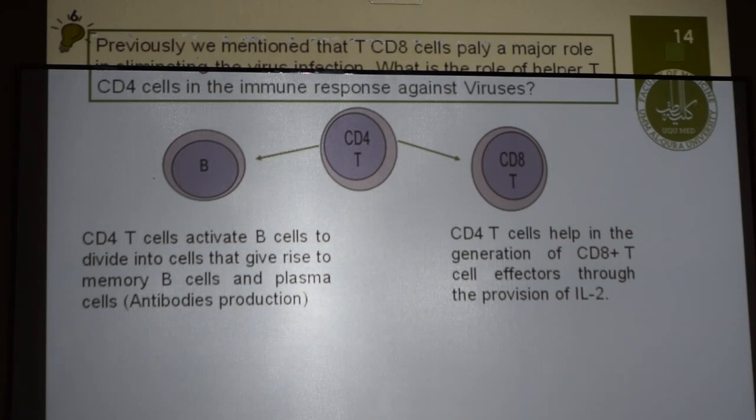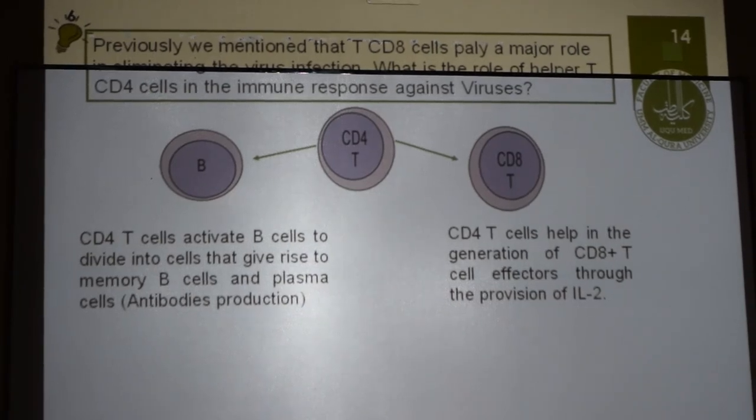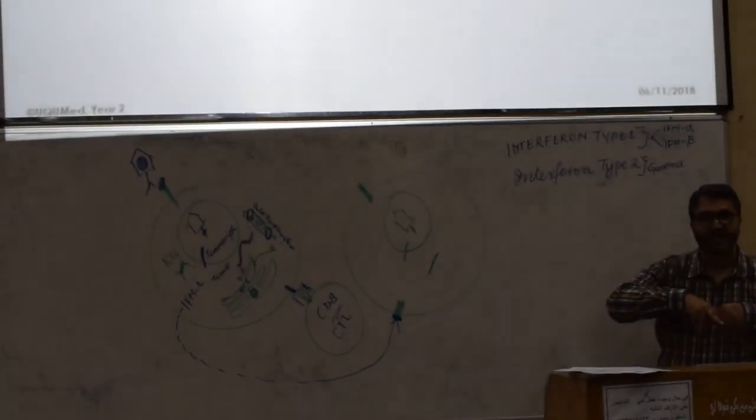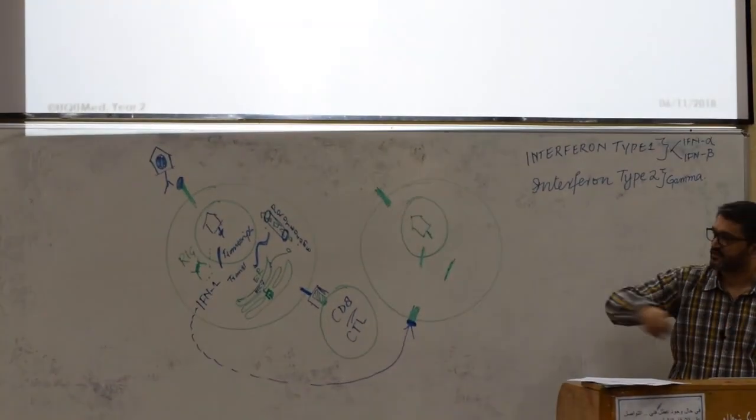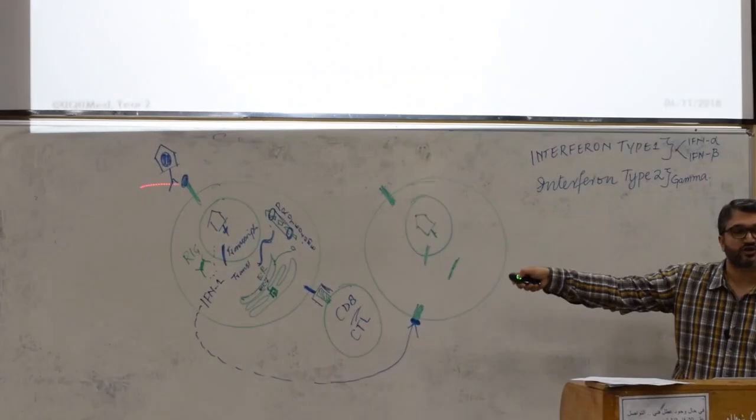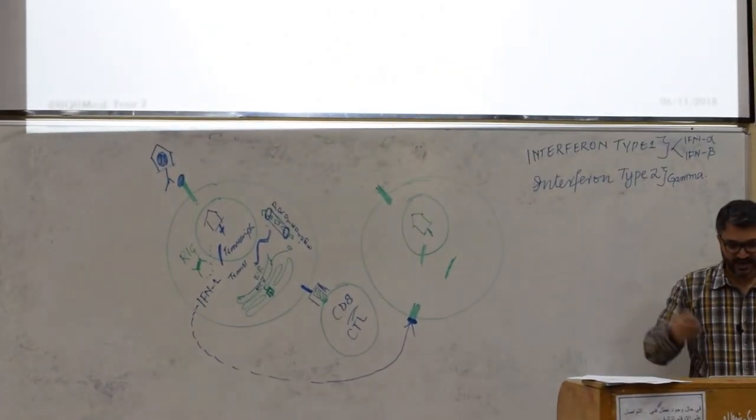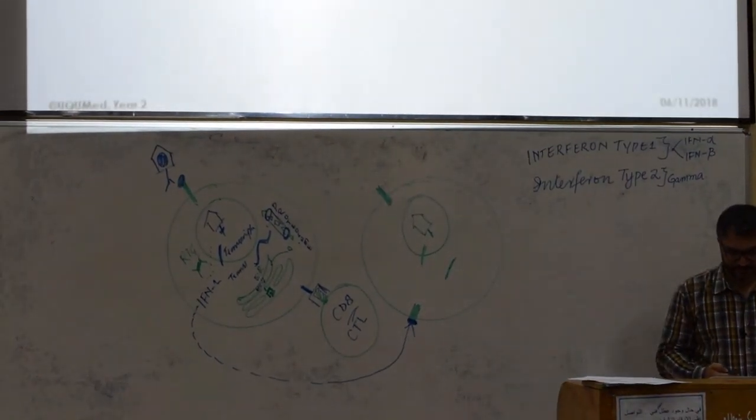They will neutralize the virus so that the virus cannot enter the cell. So this part of the virus which is going to bind to the receptor will be covered by the antibody, IgA in particular, at the mucosal surfaces, so that the virus cannot enter the cell.